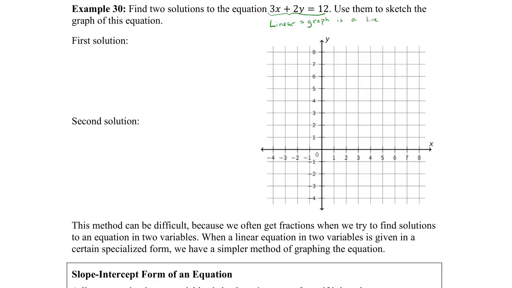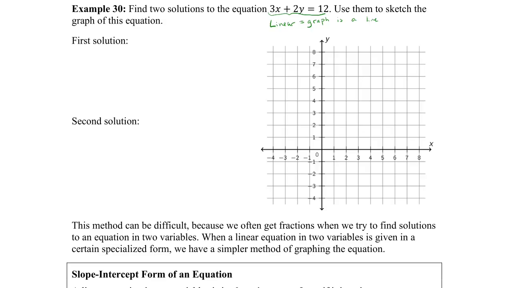How can we find two solutions to this equation? Well, to find a solution, we can either choose a value of x and find the corresponding value of y, or choose a value of y and find the corresponding value of x.